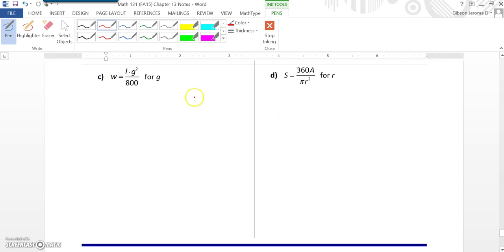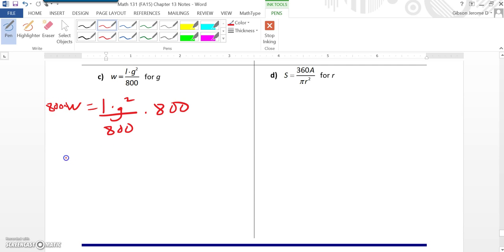Now we come here to C and D. With C we want to solve for G. So what we need to do here is, I believe that this is W equals L times G squared over 800. We'll multiply each side by 800.